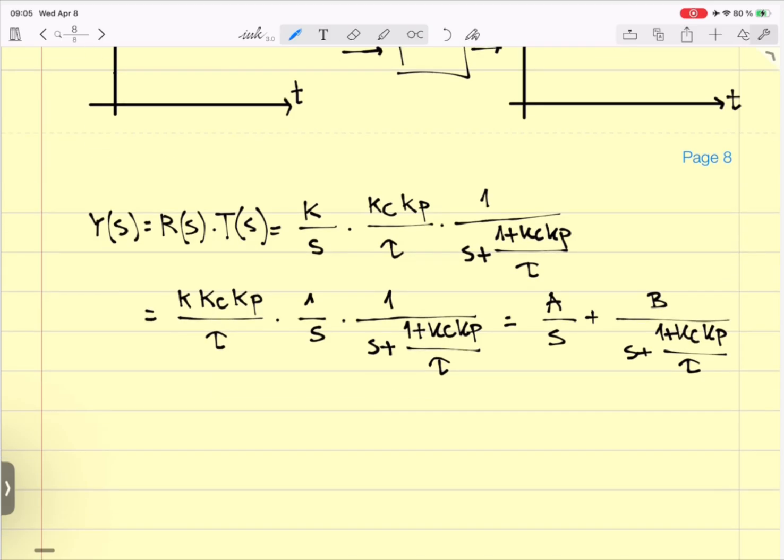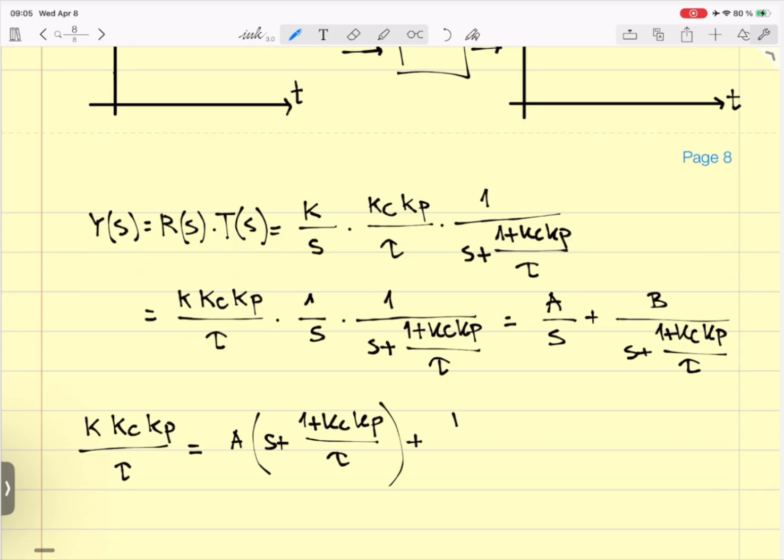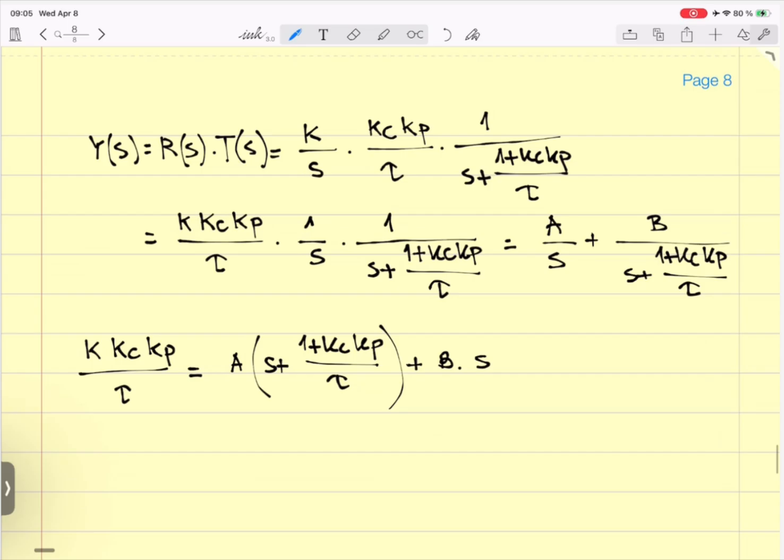Okay, so k times k sub c times k sub p divided by tau equals a times s plus 1 plus k sub c k sub p divided by tau plus b times s. So if s equals 0, then k times k sub c k sub p divided by tau equals a times 1 plus k sub c k sub p divided by tau.